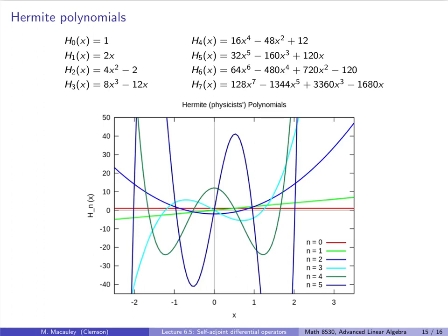Here are the first 8 Hermite polynomials, and here's their graph, or at least part of their graph. Notice how these functions do not necessarily go to 0 as x goes to infinity. So you may be worried that those functions aren't going to have a finite integral over the real line.